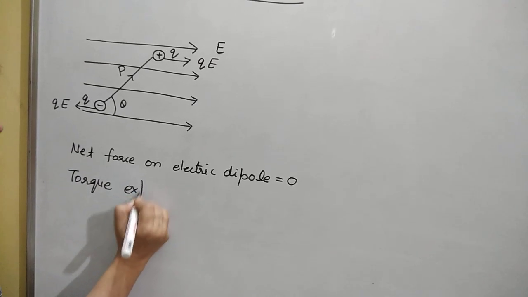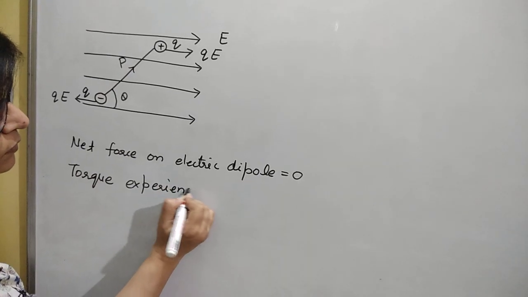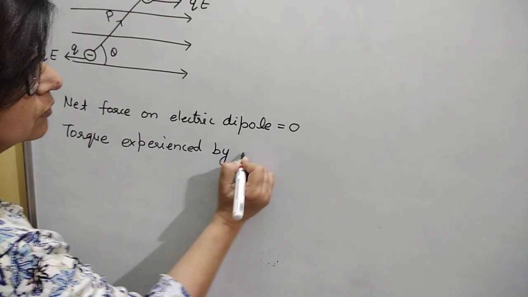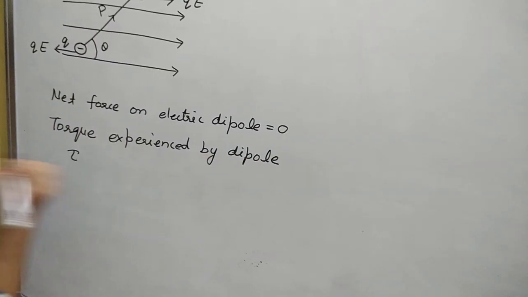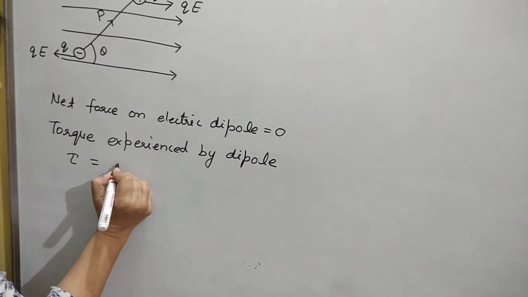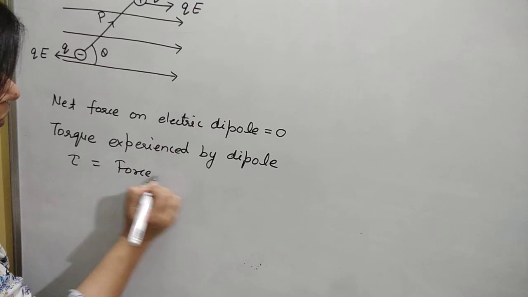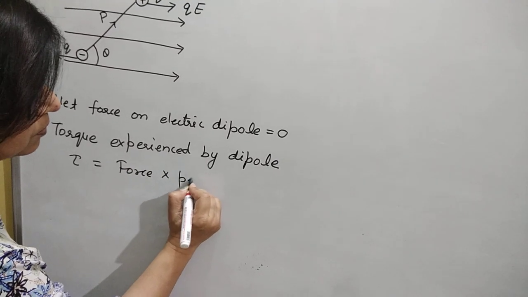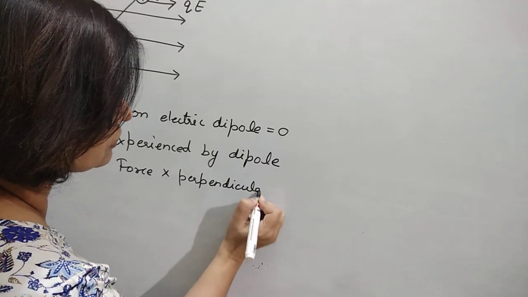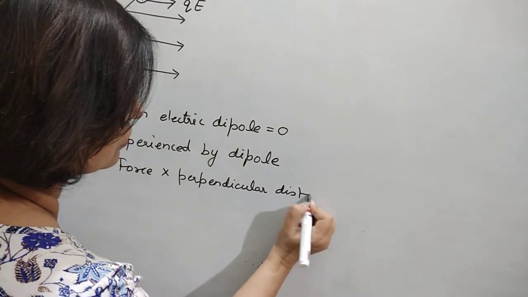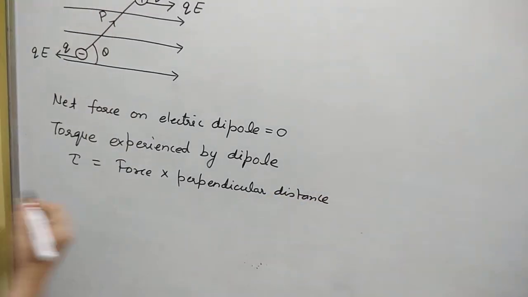Torque is represented by the symbol tau, and it is force into the perpendicular distance between both the forces.